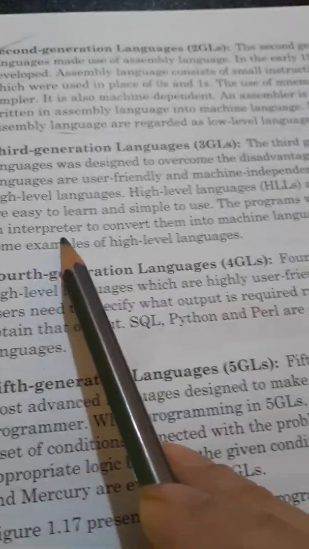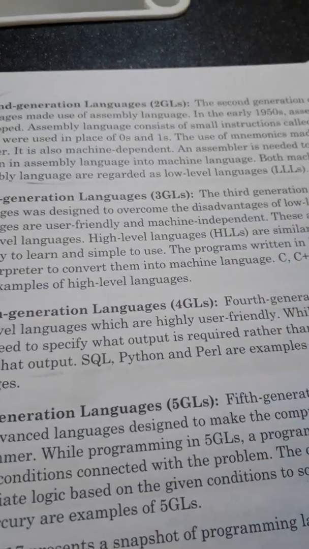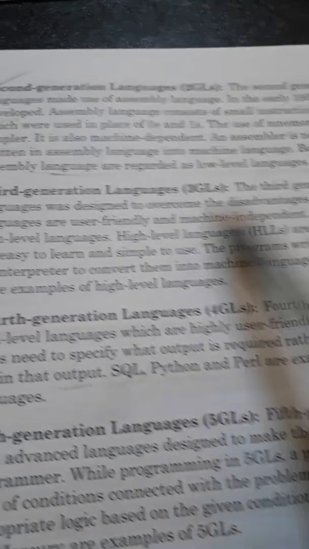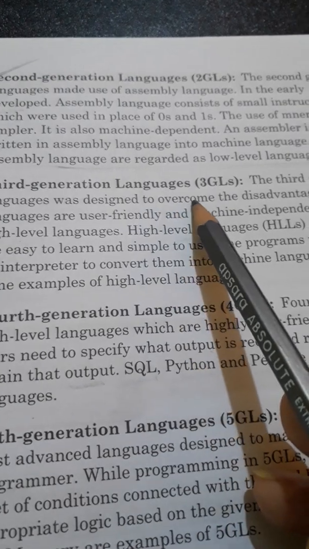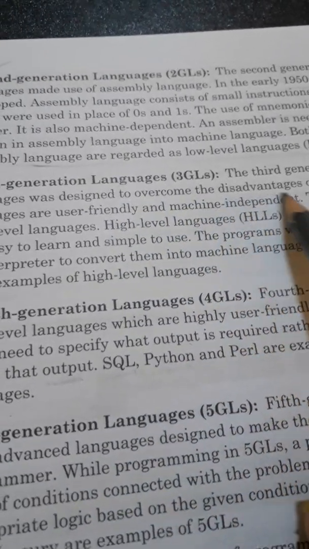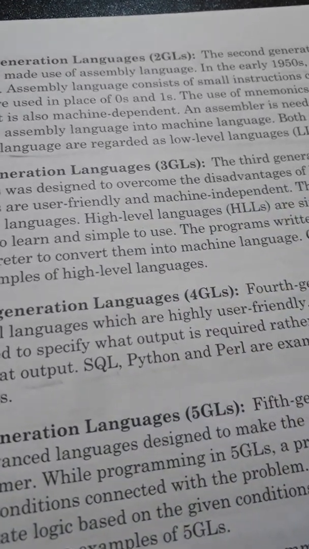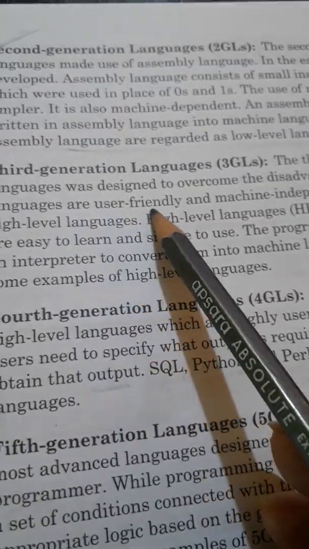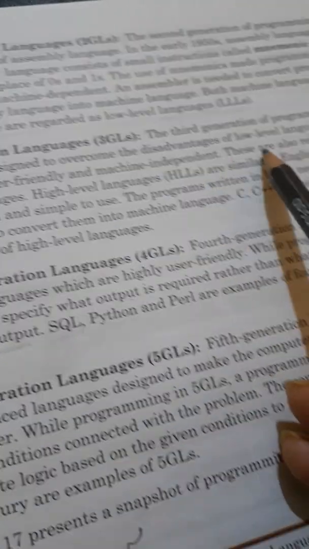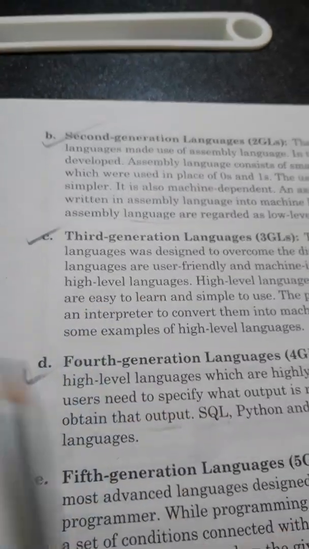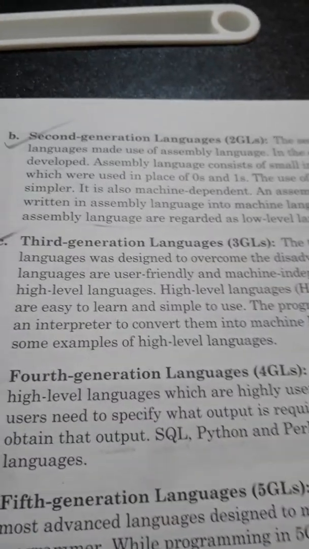Now come to the third generation language. The third generation programming languages are designed to overcome the disadvantages of low level languages. These languages are user friendly and machine independent. These are also referred to as high level languages.